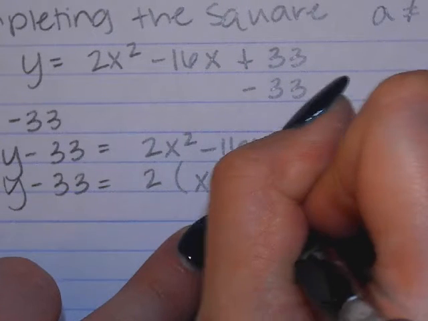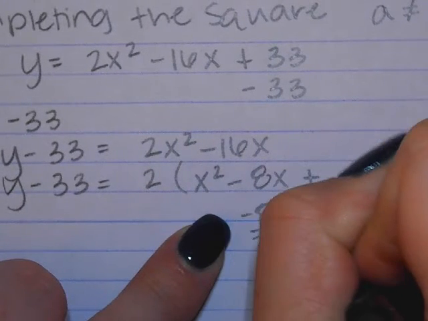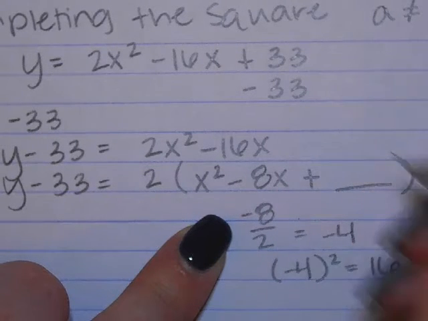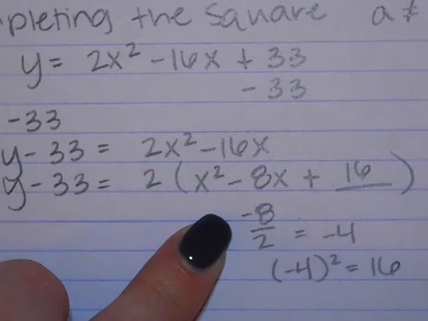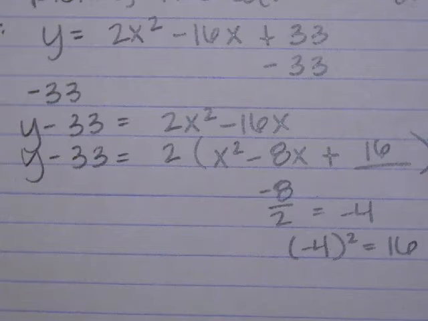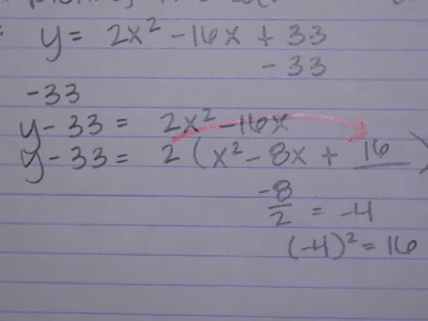So we've got negative 8 divided by 2 is negative 4. Negative 4 squared, don't kill any otters, equals 16. And I'm going to add 16 because that completes the square. However, I didn't actually add 16. I actually added 2 times 16.